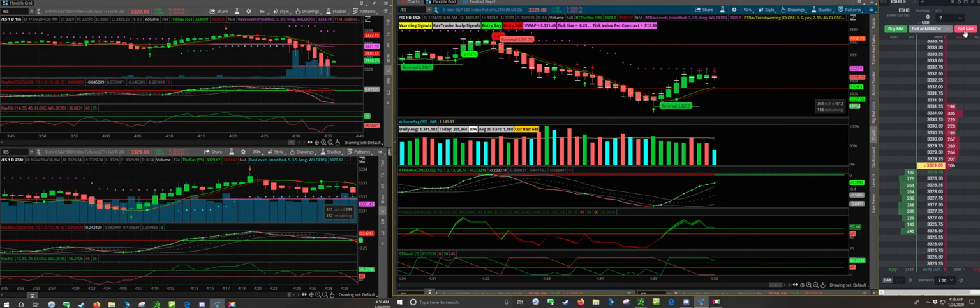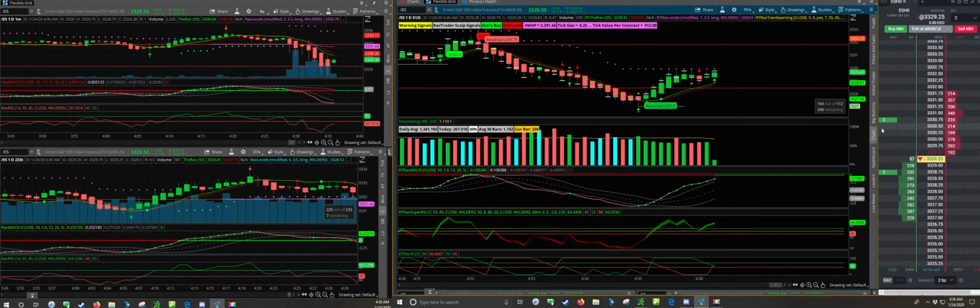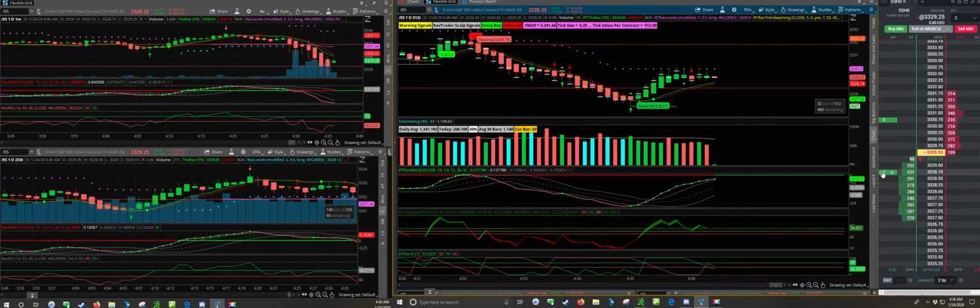Okay, look for the reversal coming in 28.5 right on the moving average. If we go long, let's go 30.25 above the magenta breakout. Order filled.